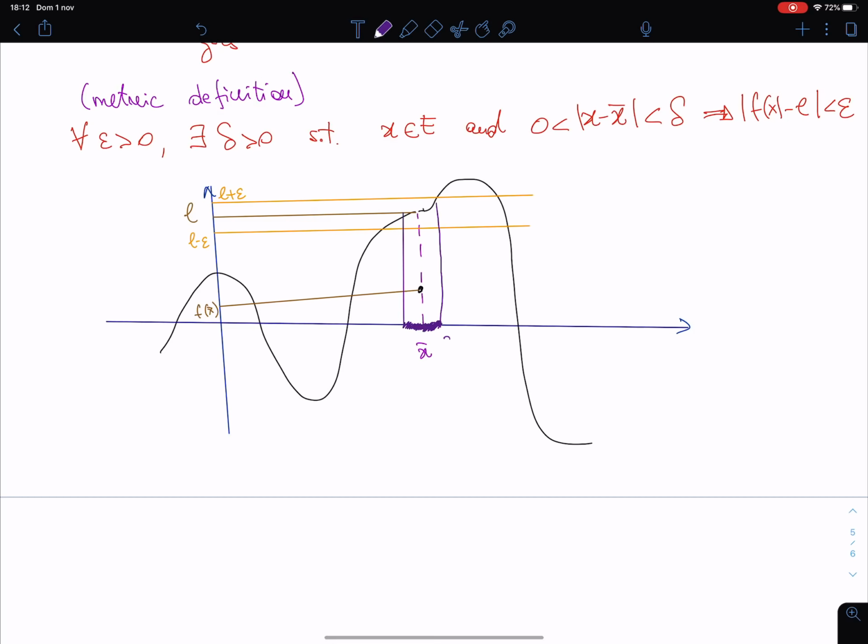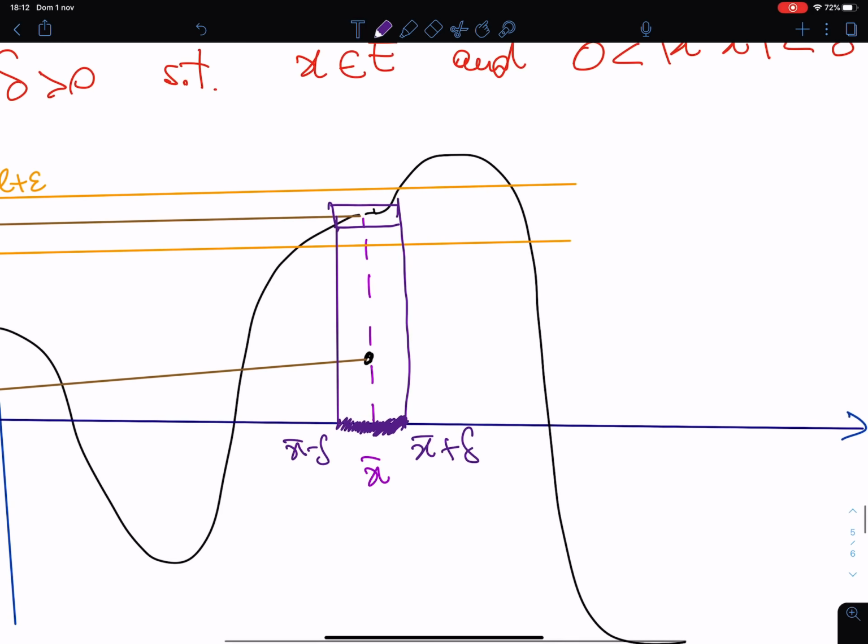And this is a good choice. X bar plus delta here, x bar minus delta. And you see that the image of this neighborhood here is well inside the orange stripe. And this is the idea.